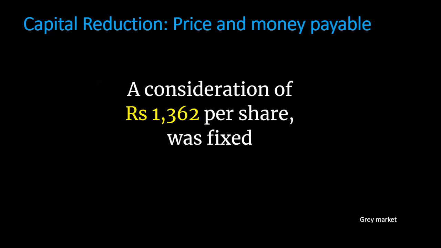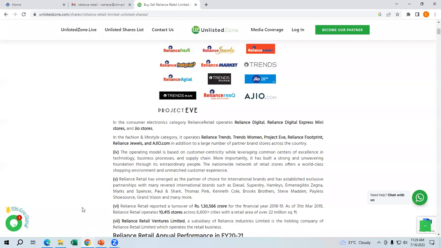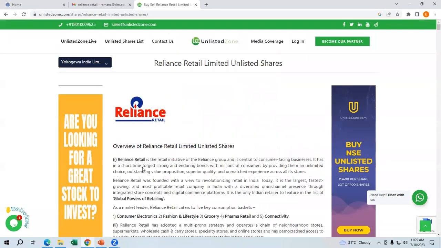Why? That brings us to the unlisted companies market, which we call the gray market. Let us see what is happening in the gray market. In the gray market, shares are also traded.